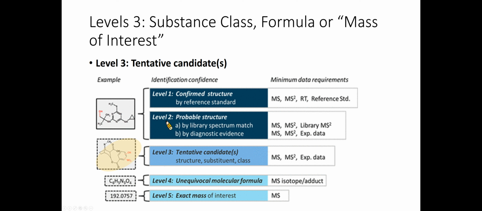Level 3, tentative candidate, describes a gray zone where evidence exists for a possible structure but there is insufficient information for one exact structure only. Although there are many shades of gray possible for many different situations, for all intents and purposes, the exact structure remains speculative at level 3.